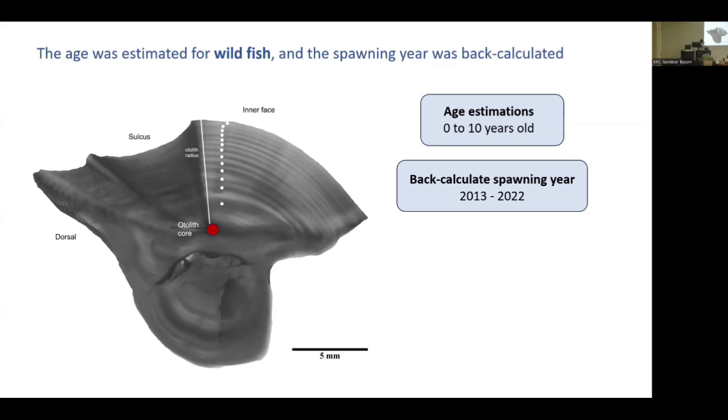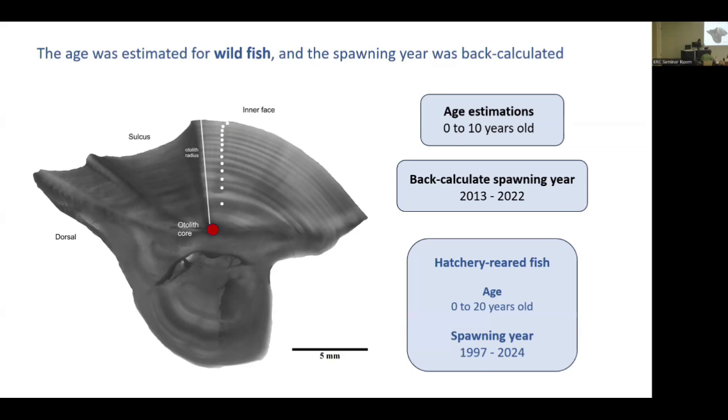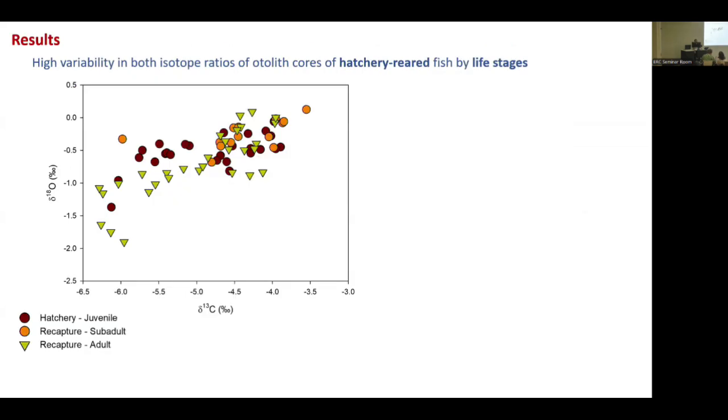And the spawning years were between 2015 and 2022. And for the hatchery fishes, we have ages from 0 to 20 years old and spawning years from 1997 to 2024. The 2024 are the juveniles.